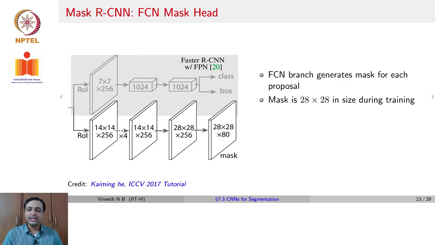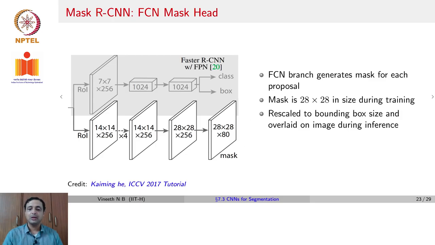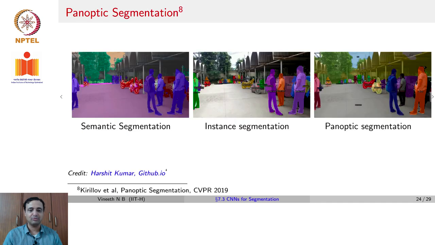And for each ROI, the mask size is 28 by 28, as you can see here. And it's finally rescaled to the bounding box size and then overlaid on the image during inference. So this mask, as you can see here, is obtained for every ROI and then finally overlaid back on the input image at inference time.